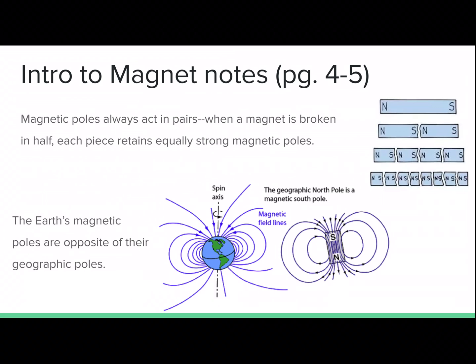So that's just something for you to know. When we say that our compass points north, we are pointing to the geographic north pole, not to the geographic south, or the magnetic south pole. So we usually talk about it in terms of the geographic north pole.